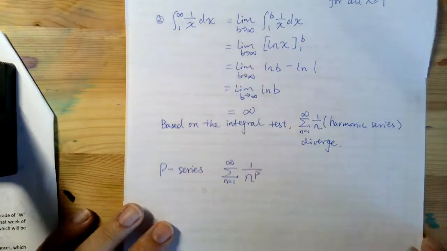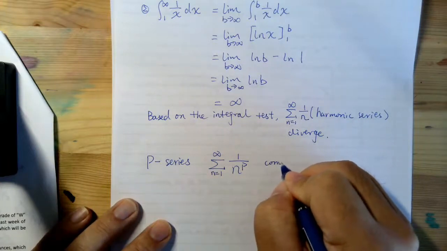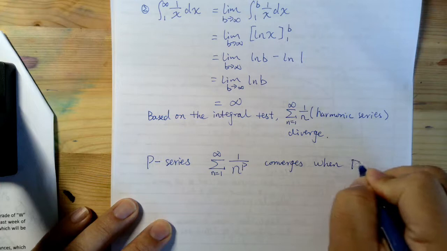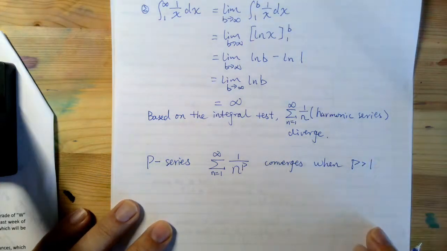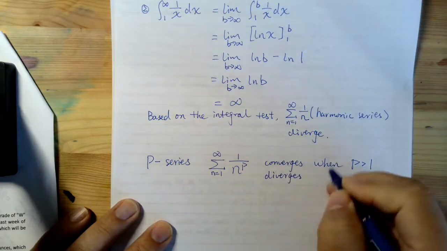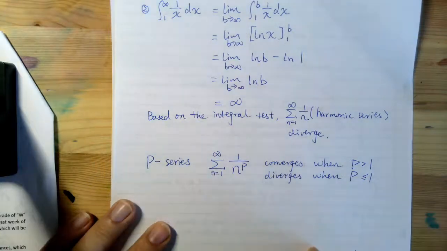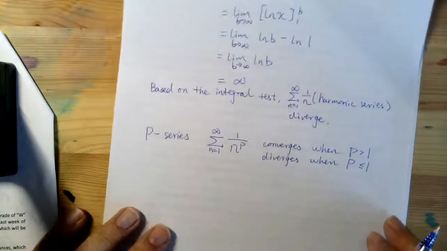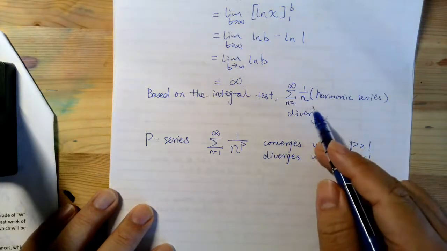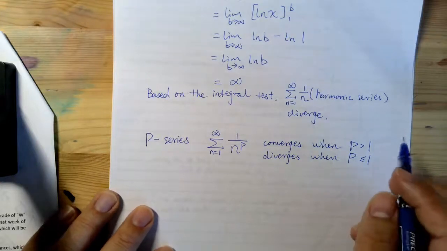The P-series converges when p is greater than 1, and diverges when p is less or equal than 1. And as you can see, when p equals 1, it's the harmonic series, and that diverges.